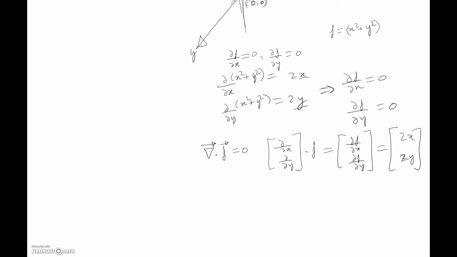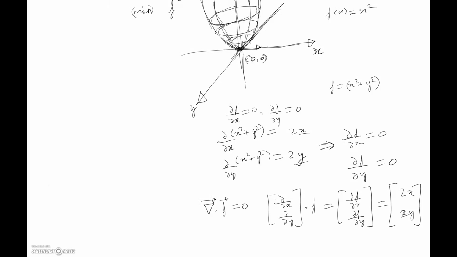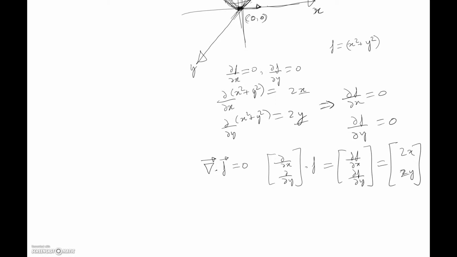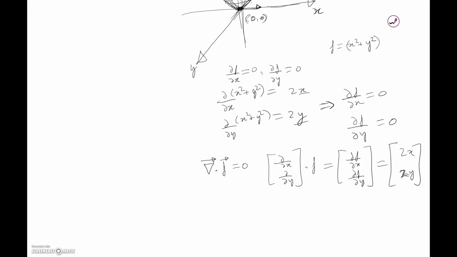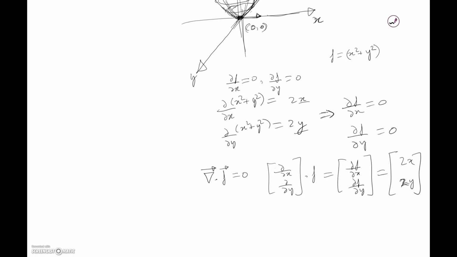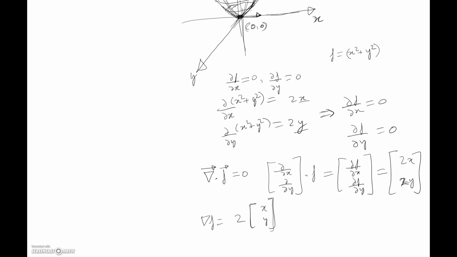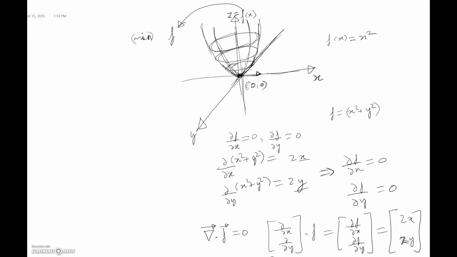Now while we are studying this function, let's look at some interesting properties of the gradient vector. We see that at any point x comma y, the gradient vector del f is 2 times the vector x comma y, x along the x direction, y along the y direction. So let's go back to the paraboloid up here.